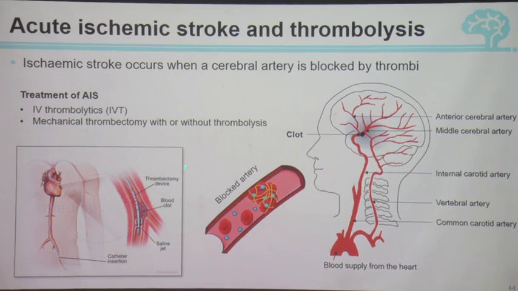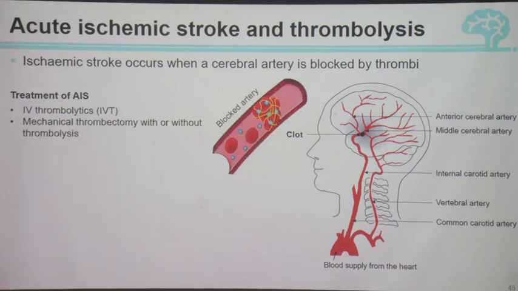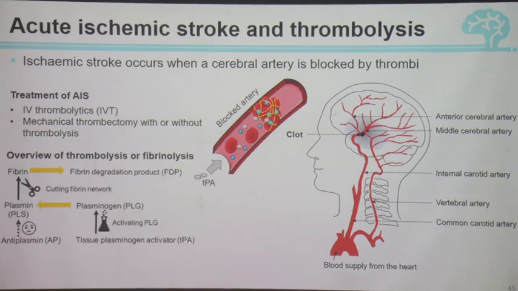So the mathematical model that I'm going to describe now deals with chemical dissolution of the clot by using drugs. So this is the treatment through thrombolytics. Typically this is a fairly simple outline of how this works. The thrombolytic drug is known as tissue plasminogen activator.